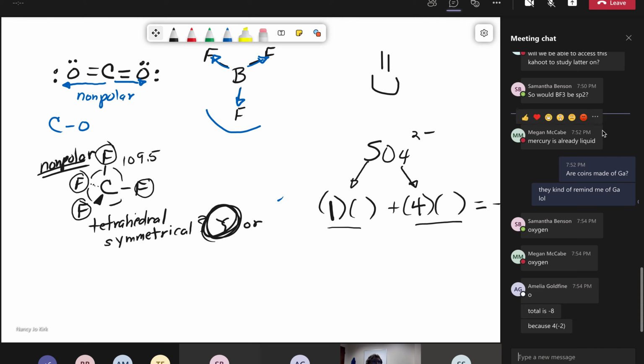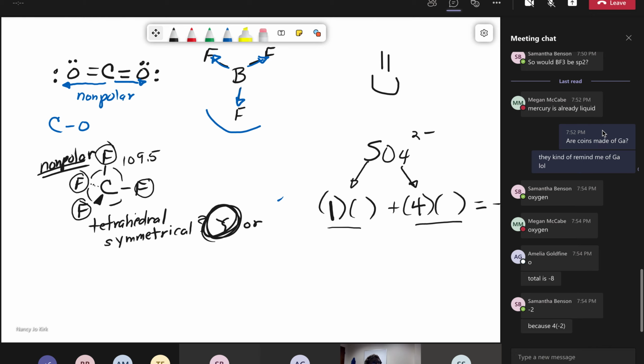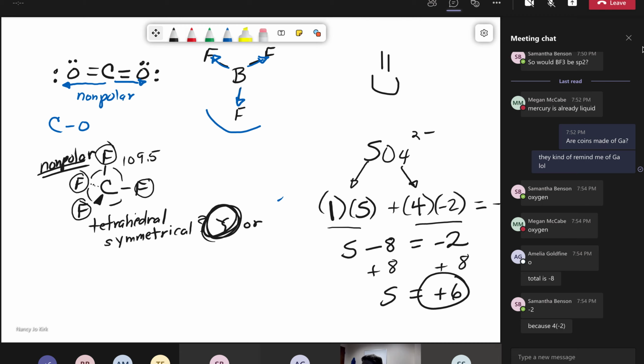Yes, so the oxidation number of oxygen is -2. And I'm trying to solve for sulfur, so it goes there. 1 times sulfur is S, plus 4 times -2 is -8, is equal to -2. Add 8 to both sides. I have sulfur is equal to +6. So the oxidation number of sulfur in sulfate is +6.